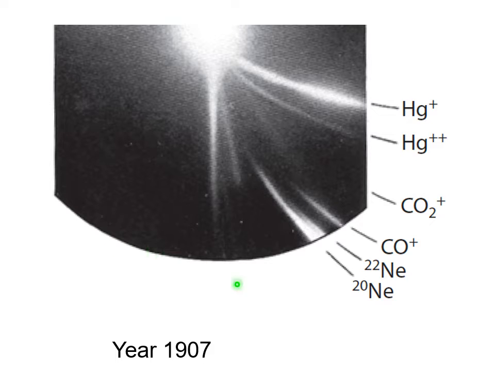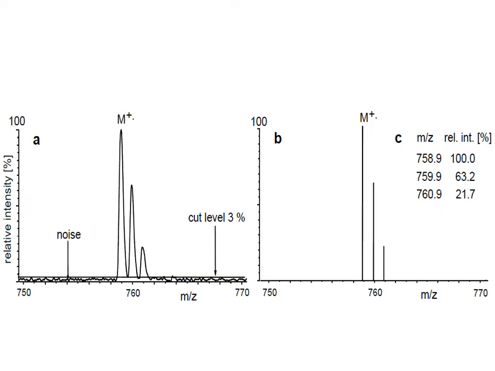The story started more than 100 years ago when mass spectra of first samples were collected, showing two different isotopes of neon, carbon monoxide, carbon dioxide, and mercury ions. Today we measure with far better quality.